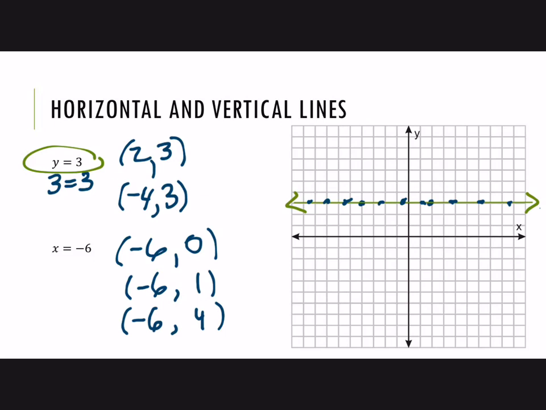So those would be (negative 6, 0), (negative 6, 1), (negative 6, 4), and they're all going to line up on a vertical line. And that's the equation x equals negative 6.